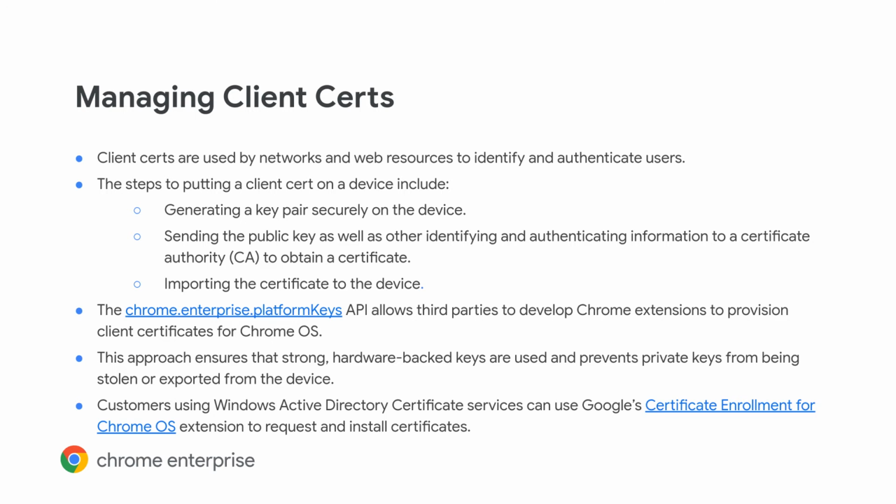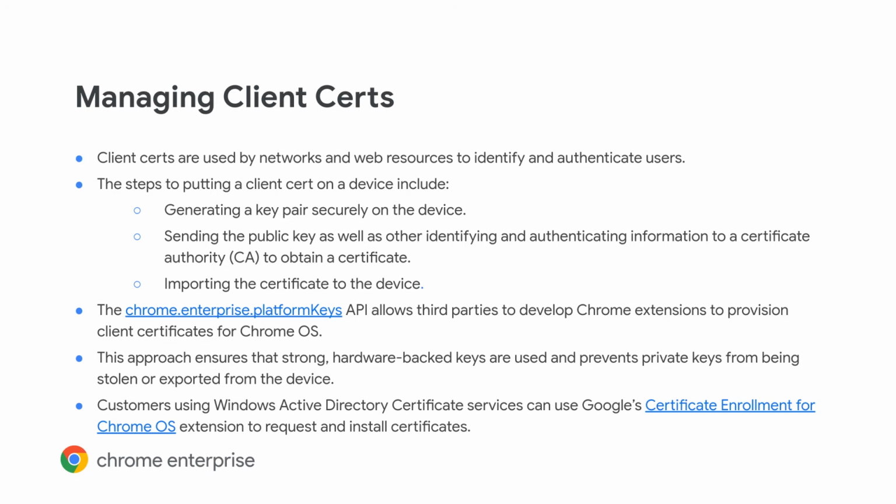And the steps to putting a client cert on a device include generating a key pair securely on the device, and then sending the public key, as well as bundling up other identifying and authenticating information, into a certificate request and sending it to the certificate authority, or the CA, to obtain the certificate. And then once that is approved, the last step is to import the certificate to the device.